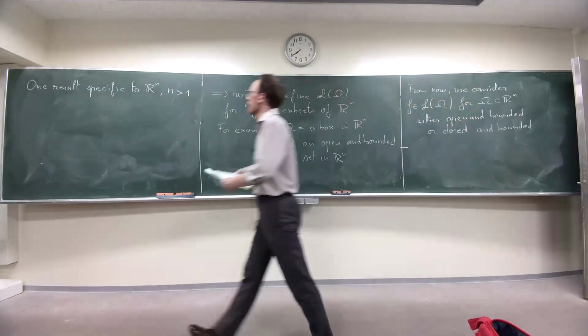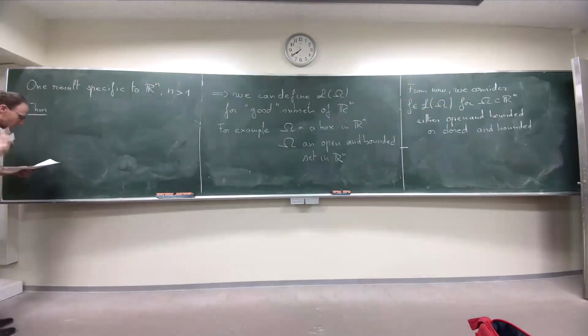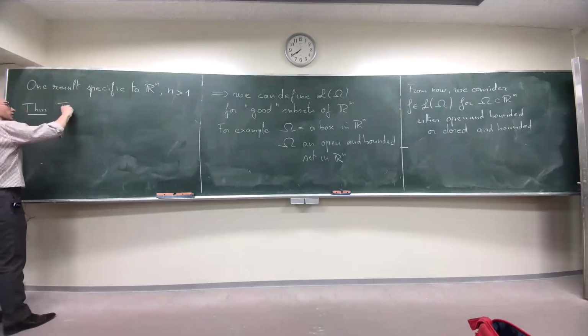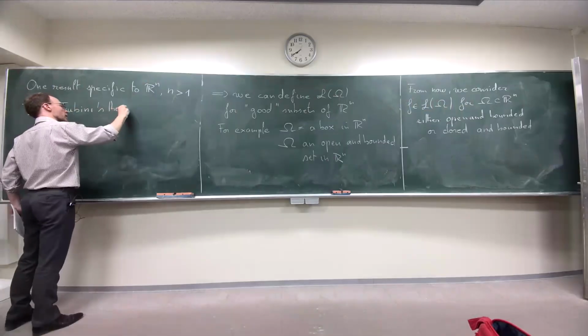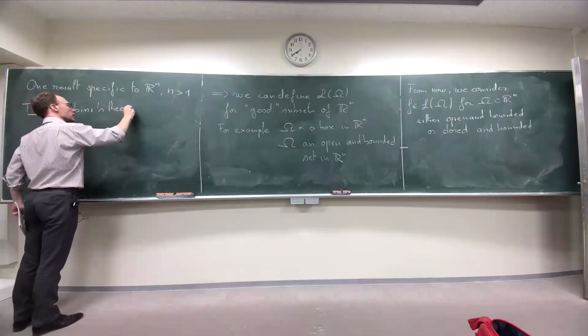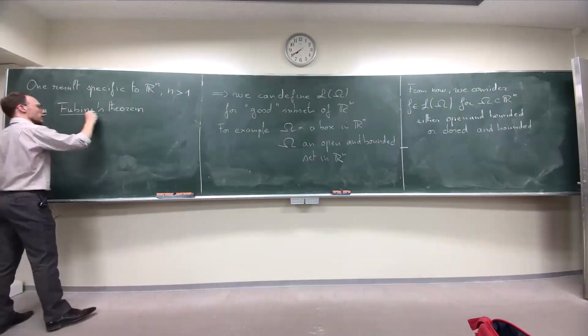And I don't state it in full generality; I do it in 2 dimensions. That's enough, if you understand it in 2 dimensions. So this is called Fubini's theorem. And you will see the statement is not completely trivial.